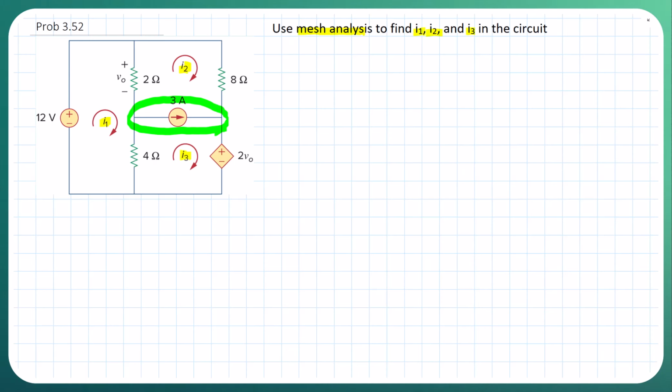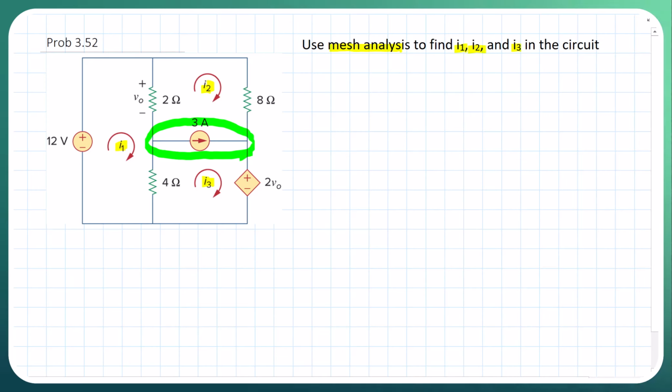Okay, so remember, a super mesh is when we have two meshes that have the same dependent or independent current source. Okay, so they share the independent or dependent current source.